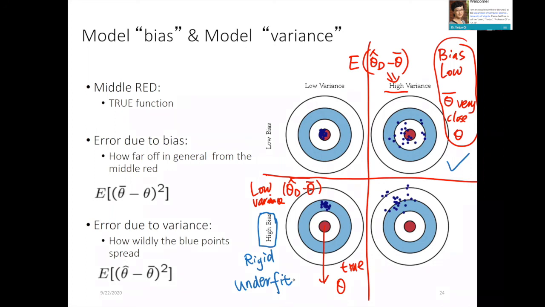All right, yes. And then in this high variance, low bias regime, here my model is so flexible. Yeah, I think this is actually a good one. High variance, low bias. So from my data, I might be very off. From this theta d1, I'm actually pretty far from the truth.